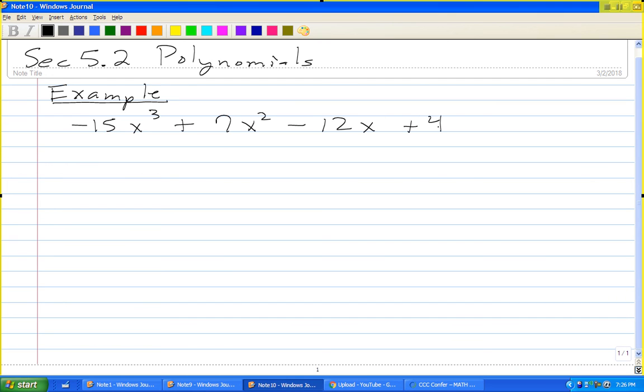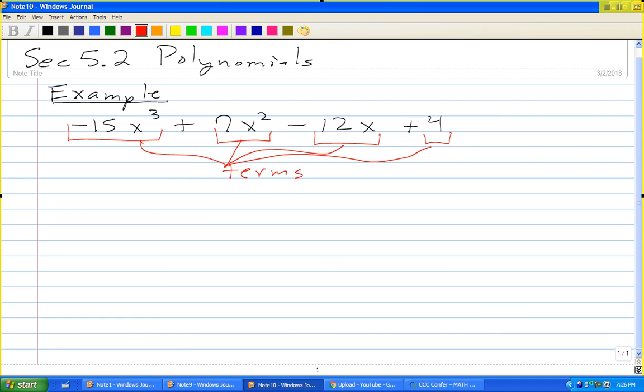Okay. So this is an example of a polynomial. It consists of, well, a whole bunch of terms. So these are terms that I keep adding together.